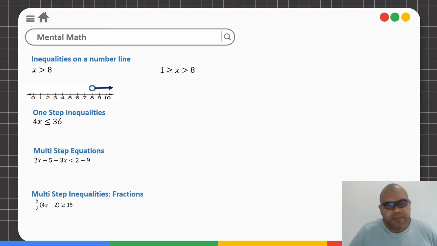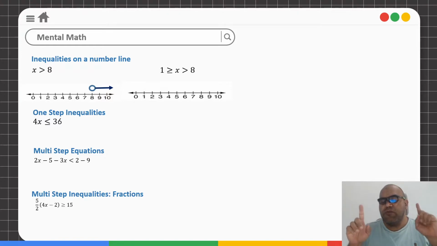Okay, next one, it is 1 less than or equal to x less than 8. How do we write this? Same thing, number line. I'm looking for results between 1 and 8, as you see here. Attention over here, we have an open circle at 8 because it's a strict inequality, and number 1 is a closed circle.